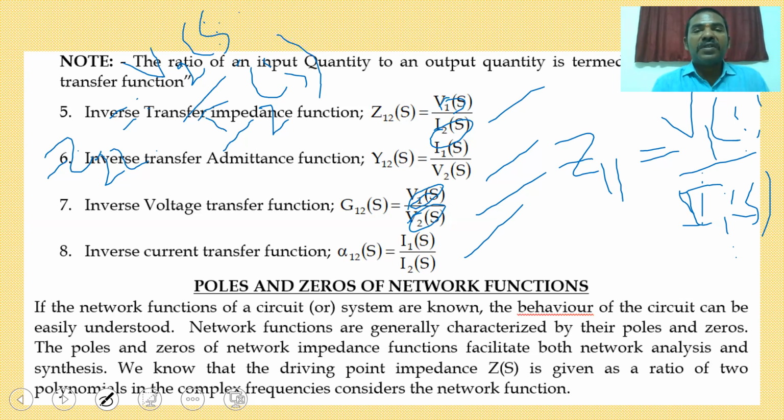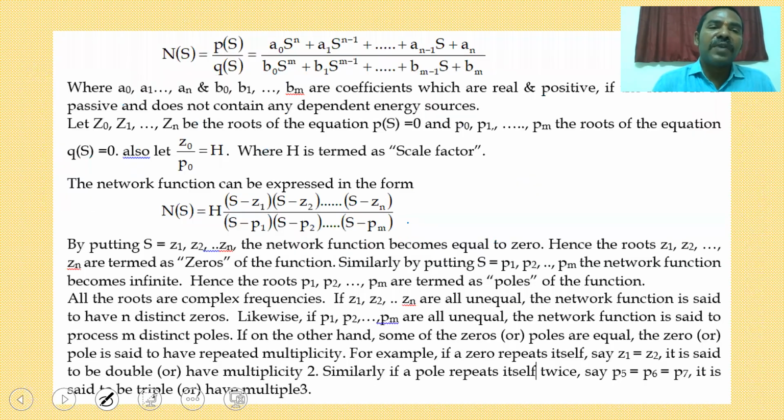Okay. So now the most important topic is poles and zeros of a network function. Any network function can be represented in terms of polynomials in the S variable. For example, N of s is equal to P of s by Q of s. So P of s is a naught s power n plus a1 s power n minus 1 and so on, a n minus 1 s plus an, where a naught, a1, a n minus 1 and an are the coefficients of your numerator, and these must always be real and positive.